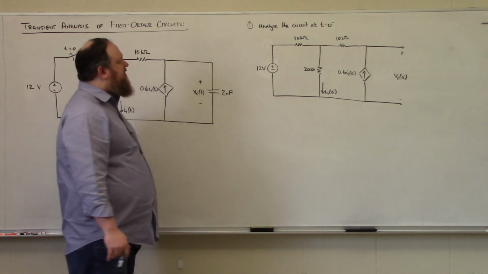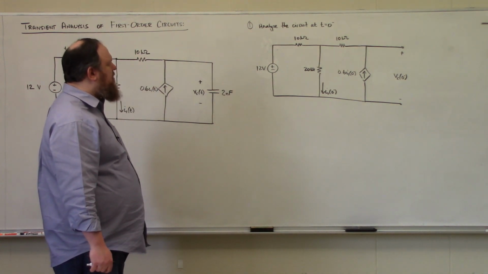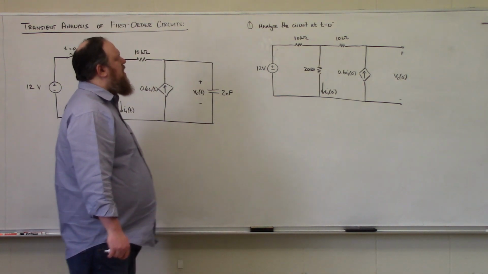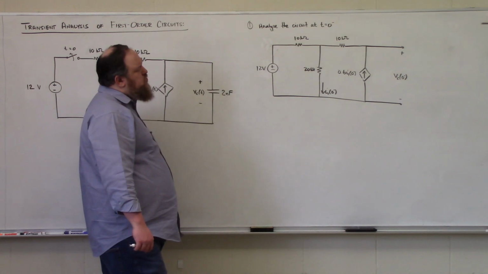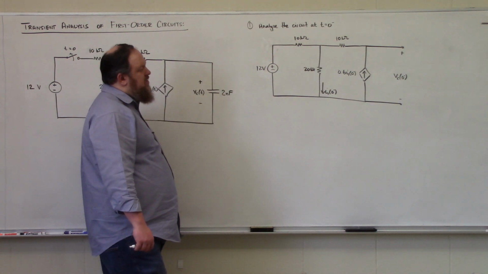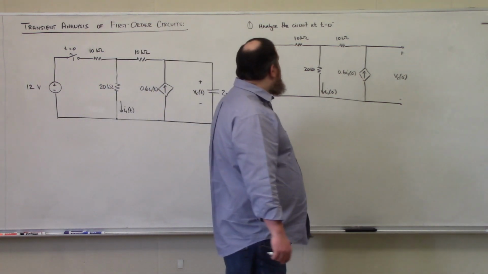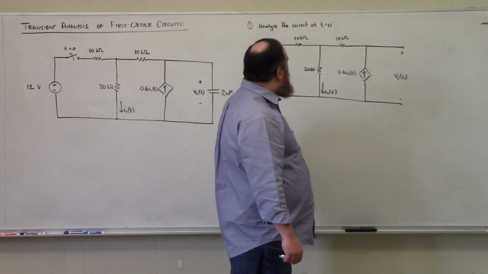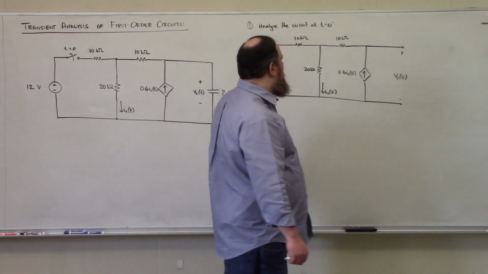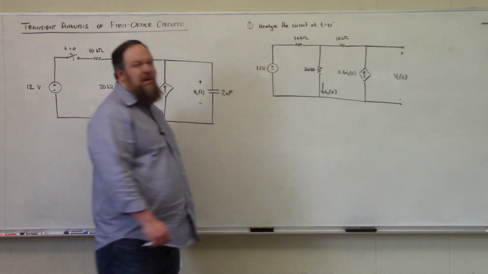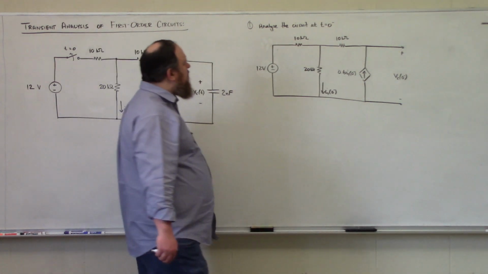So to solve for this is going to be arguably a little bit more difficult than our previous example. I'm going to choose to use nodal analysis. The reason why I'm using nodal analysis over mesh analysis is because getting the voltage drop would require getting the voltage drop over my dependent source, which is just going to be mildly annoying at best.